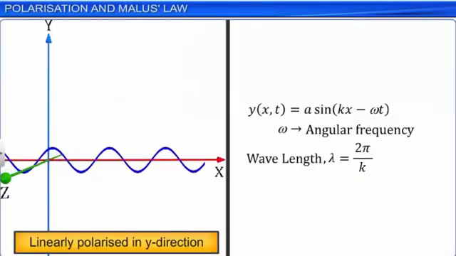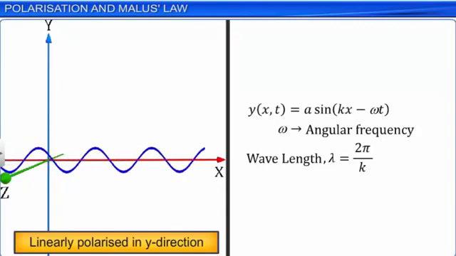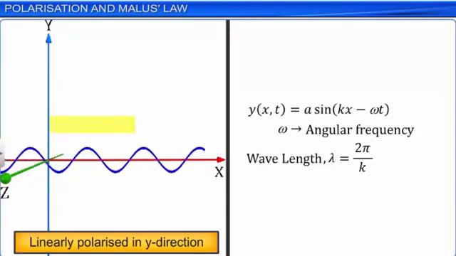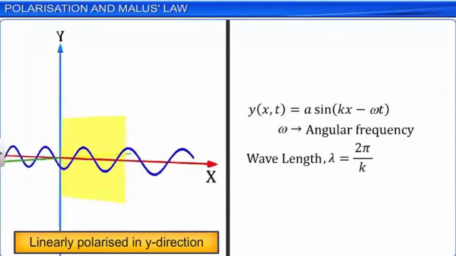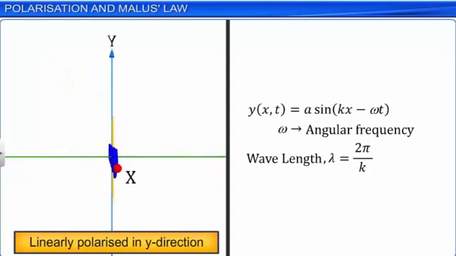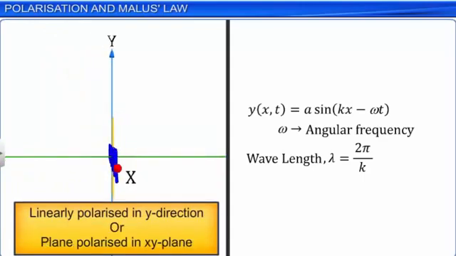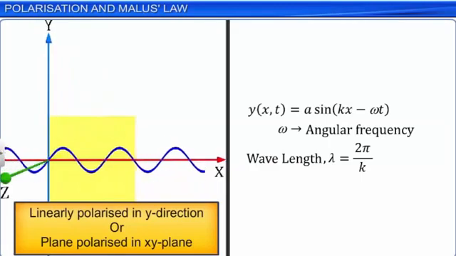The propagation of the wave and the displacement of any element of the string always lies in the xy plane, and hence it is also called a plane polarized wave and is referred to as xy polarized wave.